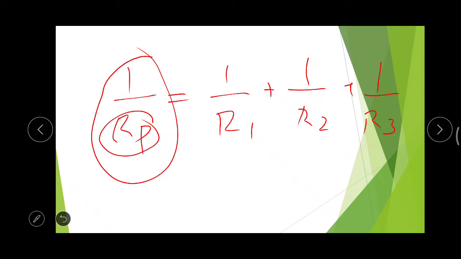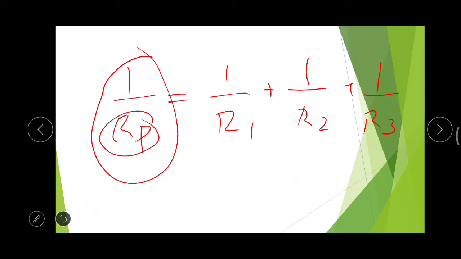If you have n number of resistors, then it will be 1 by R1 plus 1 by R2 plus etc. up to 1 by Rn. In such a way you find the equivalent resistance in the case of parallel combination. And this is actually the 1 by Rp value.